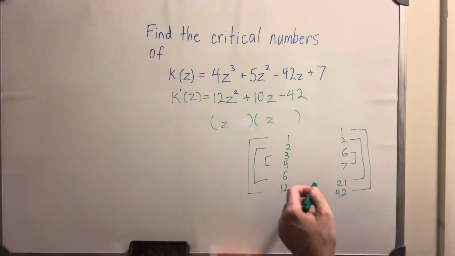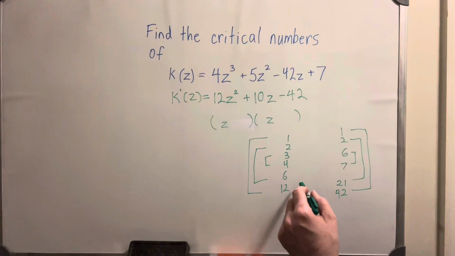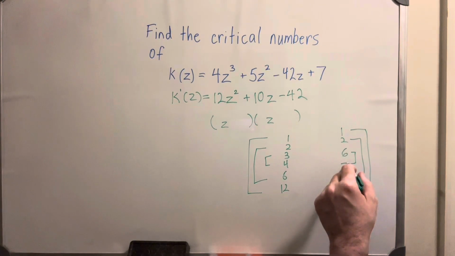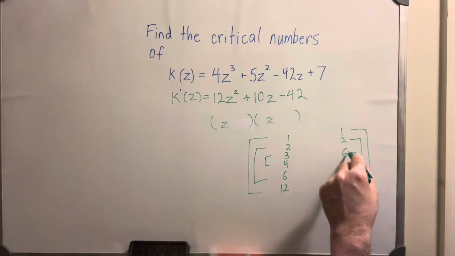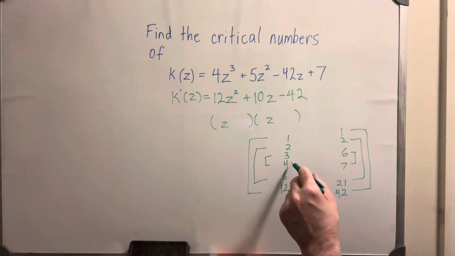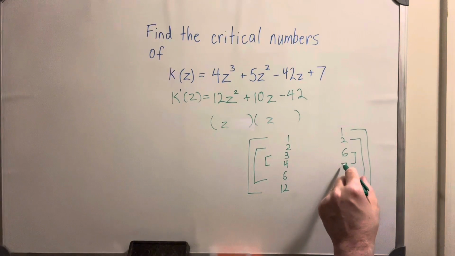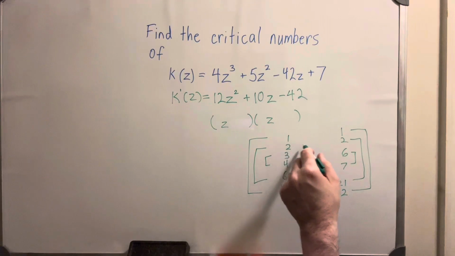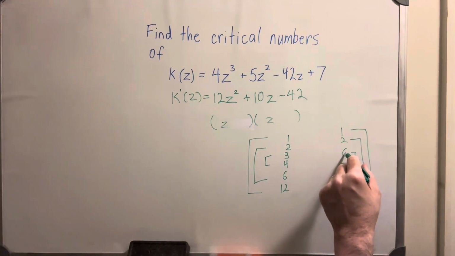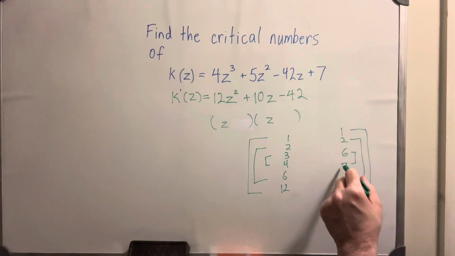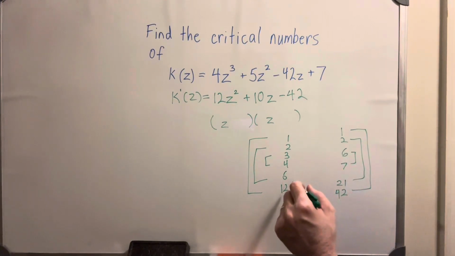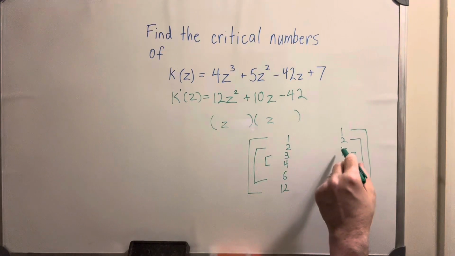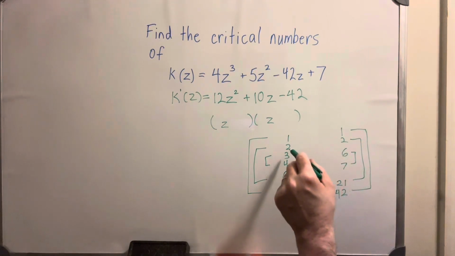So let's see, what do we have here? 12, 42, well, 6 times 4 is 24, 3 times 7 is 21, no. 2, 6 is 12, 6, 7 is 42, no. How about 3?